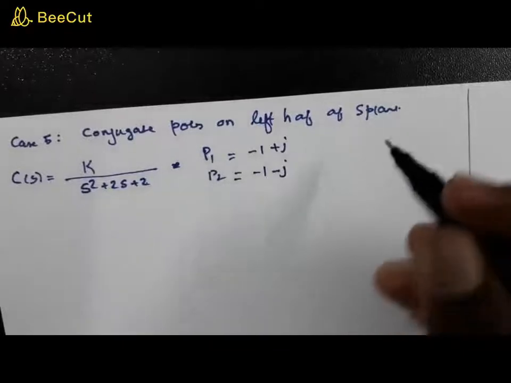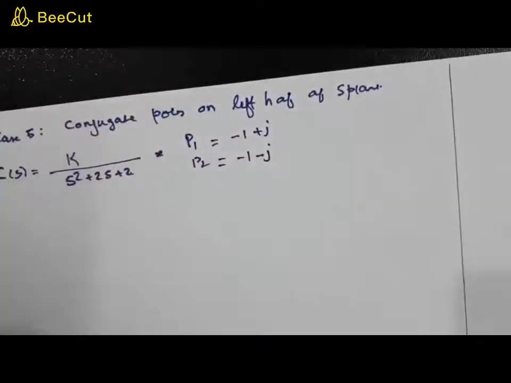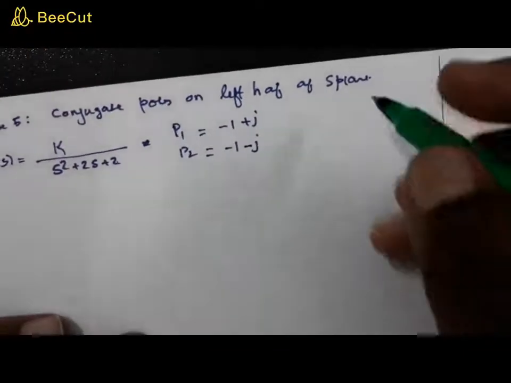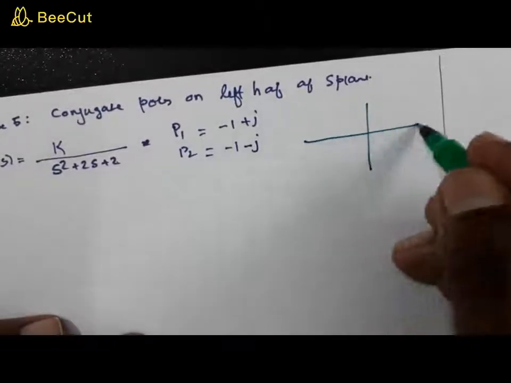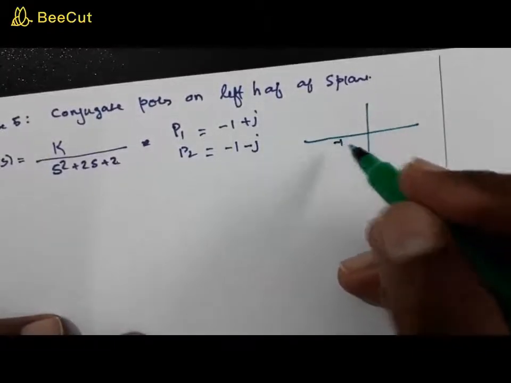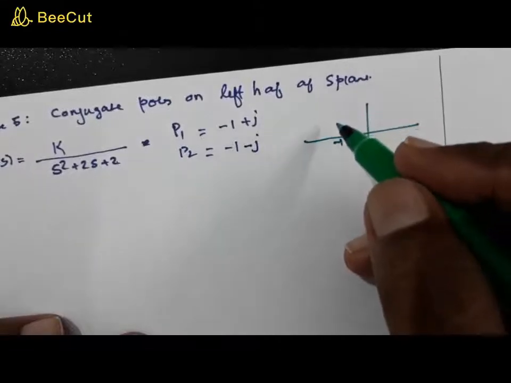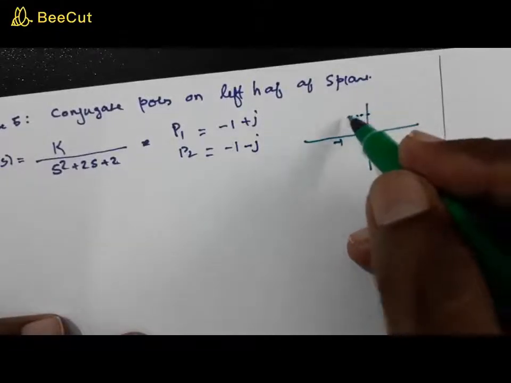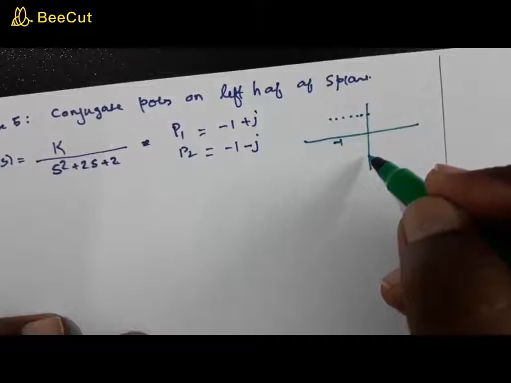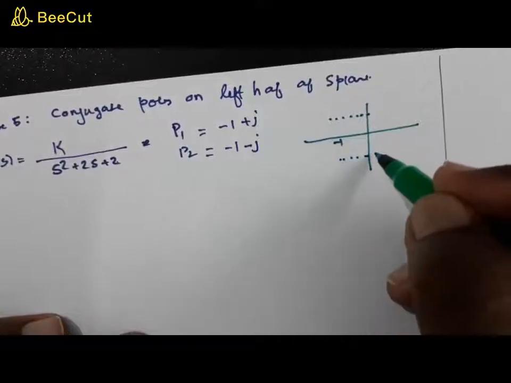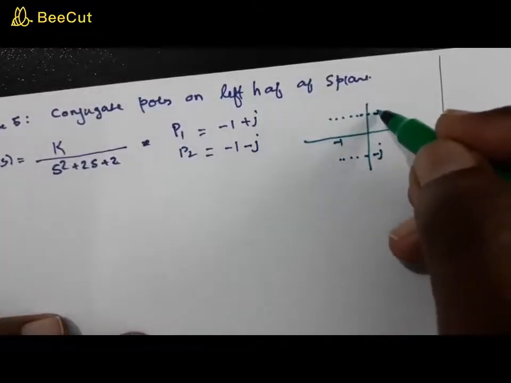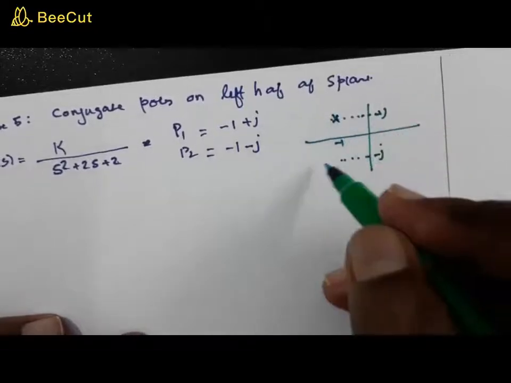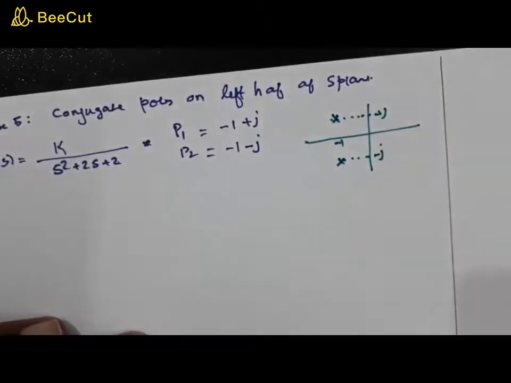If you plot these poles on an S-plane, minus 1 is here, on the left half of the S-plane. Plus j is 1 unit up and minus j is 1 unit down, so you will locate them like this.